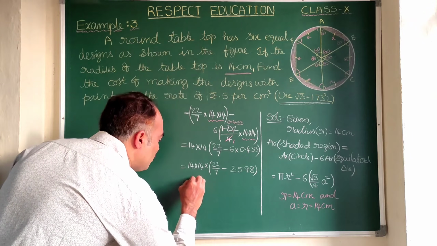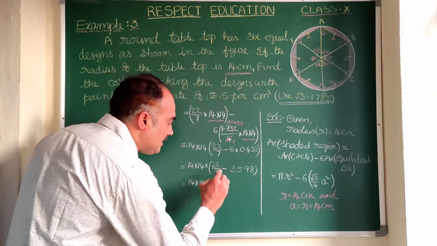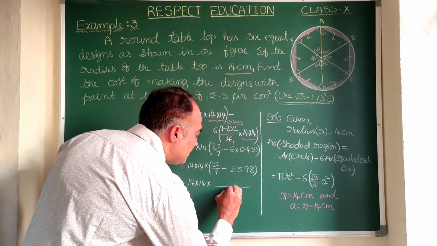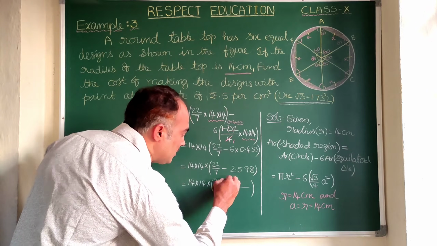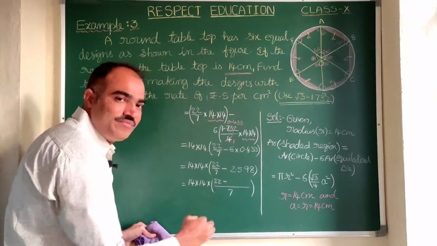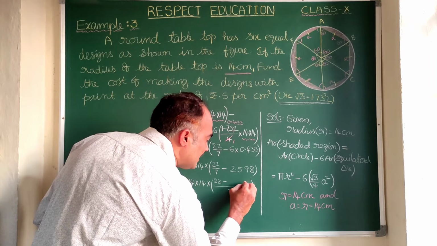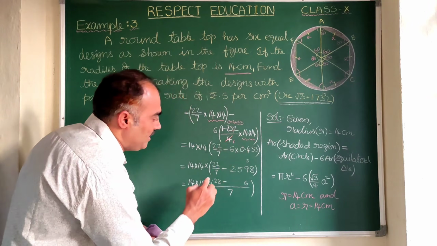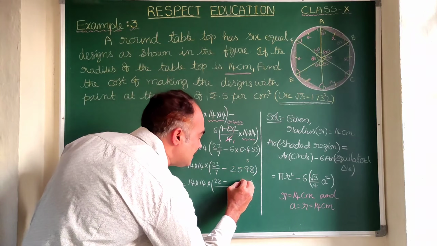Now here what we are going to do, write 14 into 14 as it is, into, let us take 7 as LCM. So here 22 will come as it is, 22 minus 2.598 into 7. Let us multiply here directly. 7 8s are 56, so here 6, 5 is left. 7 9s are 63, 63 plus 5, 68.